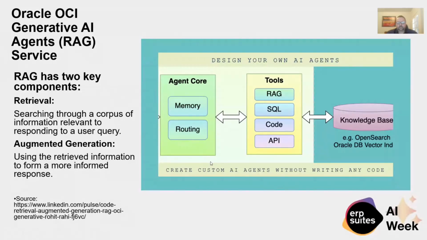But the idea is that once it understands what that data is, it's able to provide results back and augment your prompt, for instance, with that information. So that could go against OpenSearch, the Oracle Database Vector Index, etc. But the idea is that you can design your own AI agents. These aren't going to be provided to you by Oracle for EnterpriseOne.